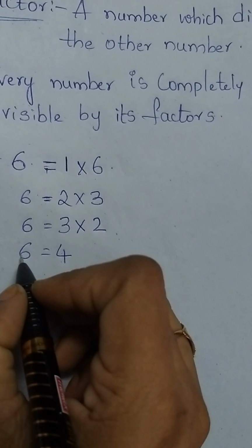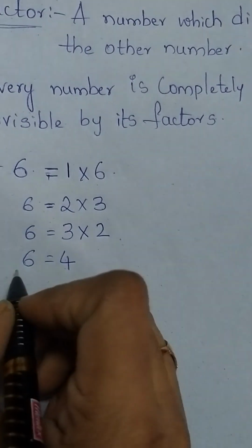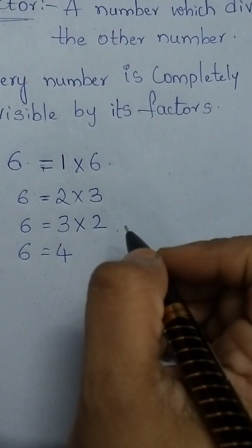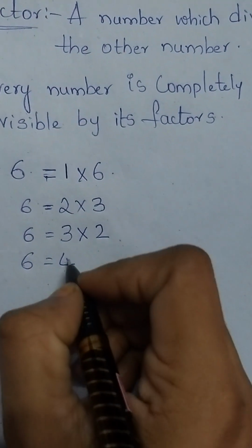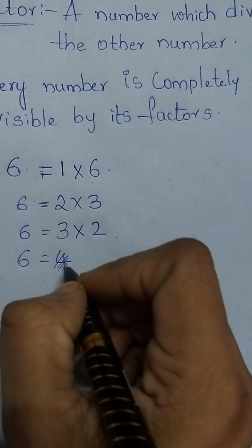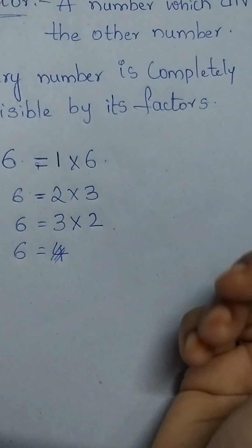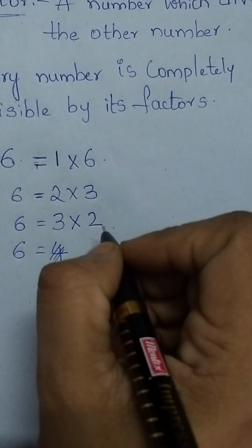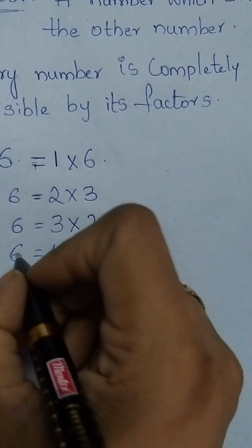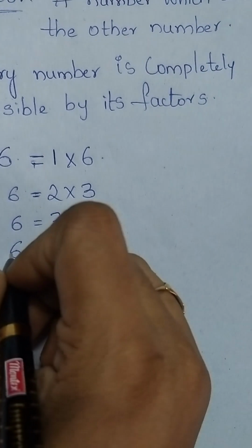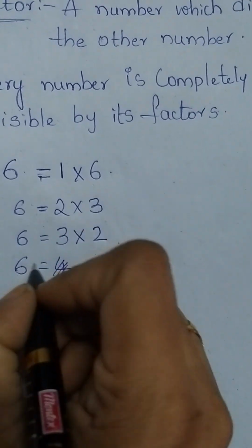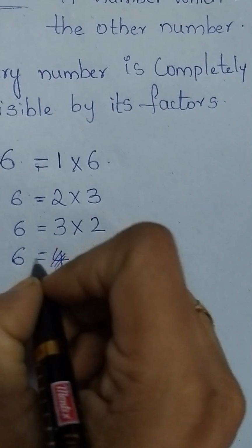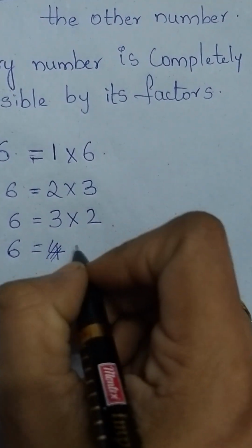Is 6 coming in the table of 4? No, we can't see 6 in the table of 4. 4 ones are 4, 4 twos are 8, directly 8 is coming, so 4 is not a factor. Check 5: 5 ones are 5, 5 twos are 10, directly 10 is coming, so 5 is not a factor of 6. 5 is not dividing 6. Which divides a number, that is a factor. Now 4 and 5 are not factors.